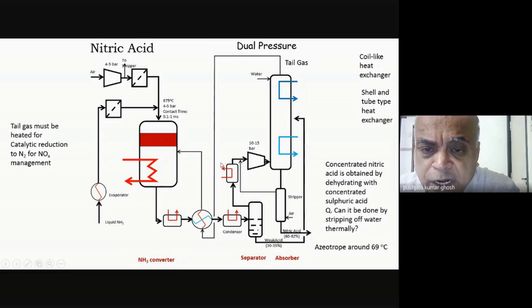Obviously over here, all of this was cooled. So the gas which is going to come out here is going to be at a fairly low temperature, but there is a reason why we want to again heat it up, and I'll discuss that. So the tail gases are coming out over here.